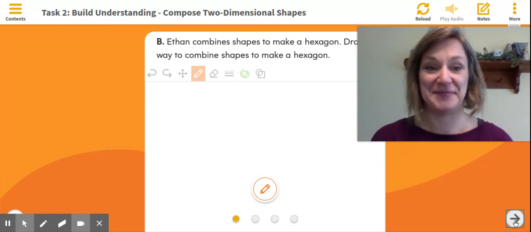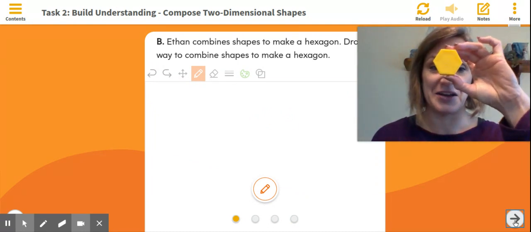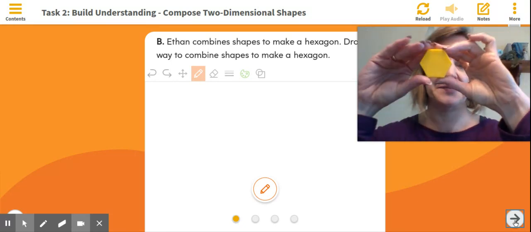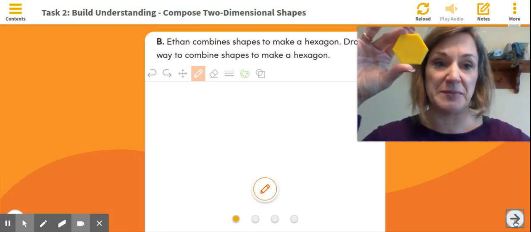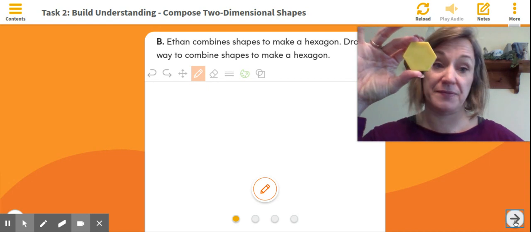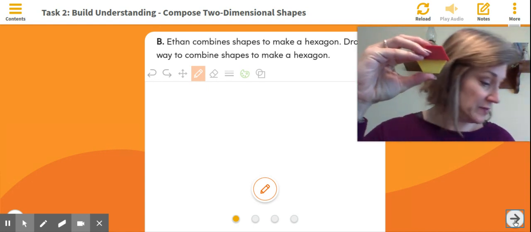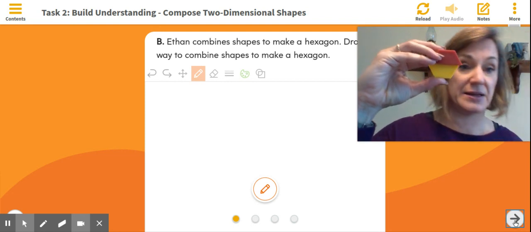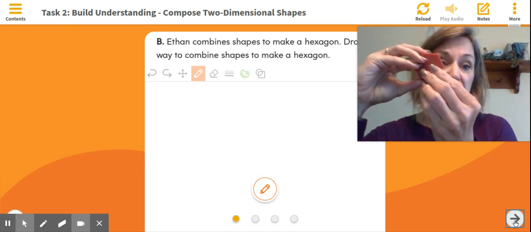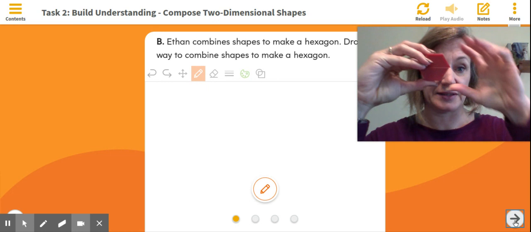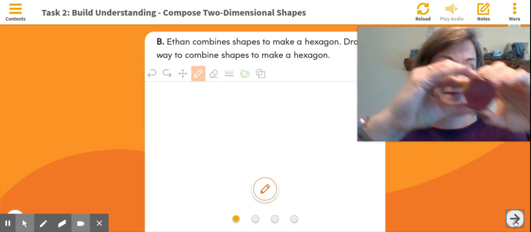Here's part B. Here's Ethan. So Ethan is using shapes to make a hexagon. So what shapes do you think Ethan could use in order to make this hexagon? Well, there are lots of different ways he could do it, but taking two of the red trapezoids and putting them together, that would certainly make a hexagon, right?